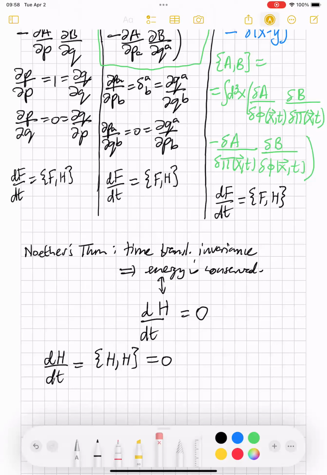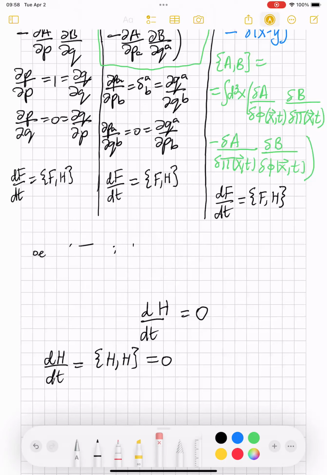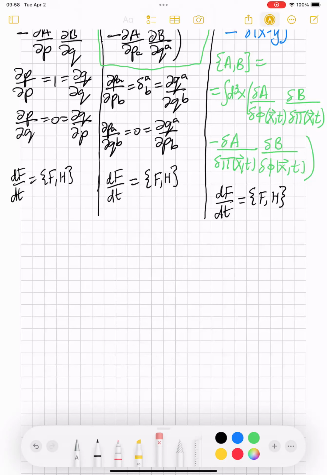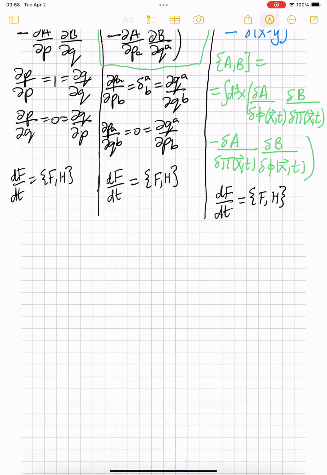Very good. Now, what was the other use of the Poisson brackets? The nice thing is we could rewrite the entire theory just in terms of Poisson brackets, and that gave us the entire structure of the classical theory. And then we were able to quantize the theory by equating Poisson brackets to commutators. So, for example, in the single particle theory, the Poisson bracket of q, p is 1.